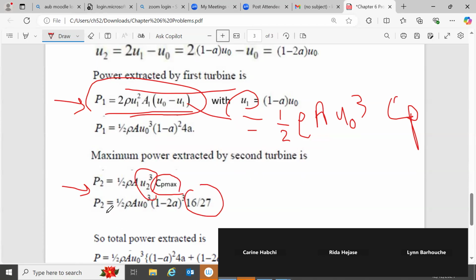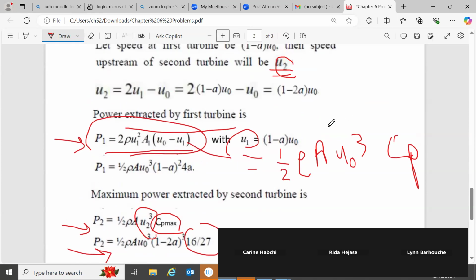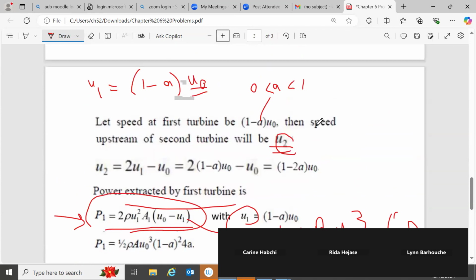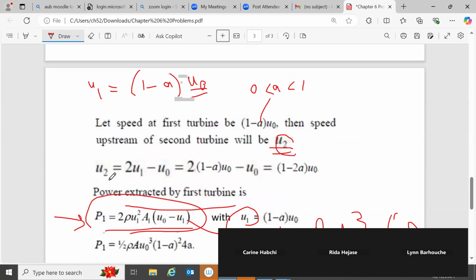If we replace U2 by its expression, we proved together that U2 can be expressed as a function of U1 and U0, equal to 2U1 minus U0.